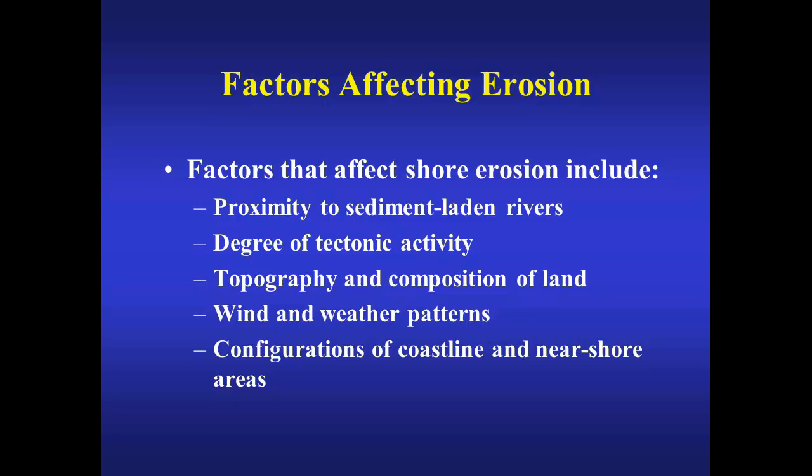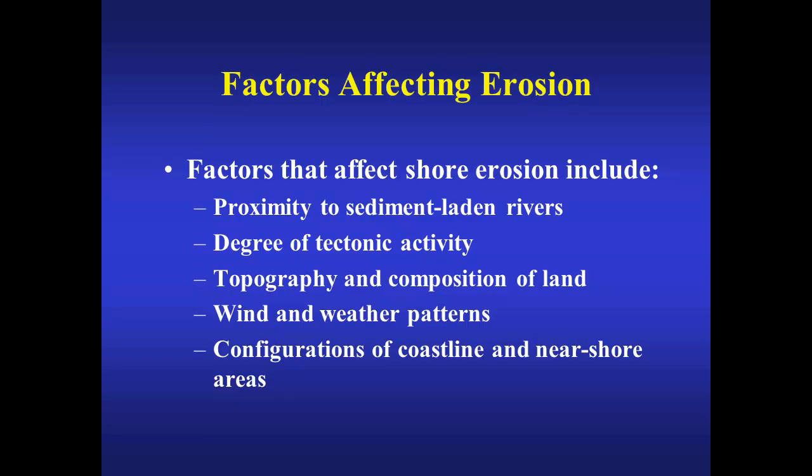Also, the configuration of a coastline and nearshore areas. Remember that headlands, those coastal areas that extend offshore, are typically subjected to convergence in terms of wave refraction, so that wave energy is maximized along these headlands.